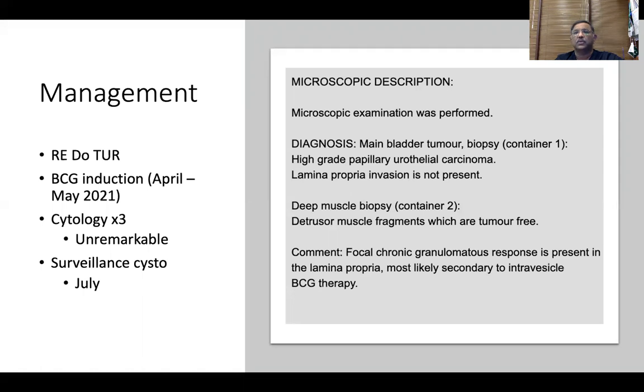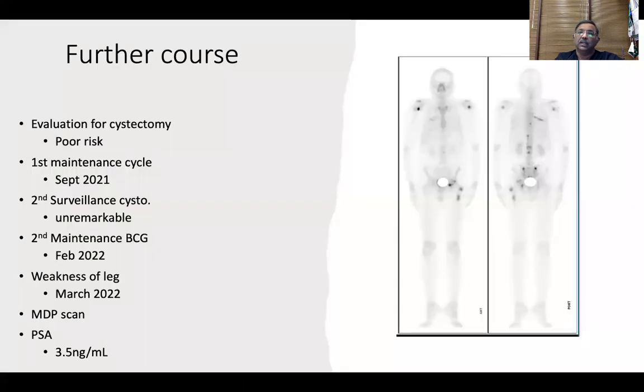However, the subsequent cystoscopy showed a high-grade papillary urothelial carcinoma, which has recurred, and lamina propria invasion was not present. So it's a Ta high-grade recurrence, which is again following induction BCG therapy.